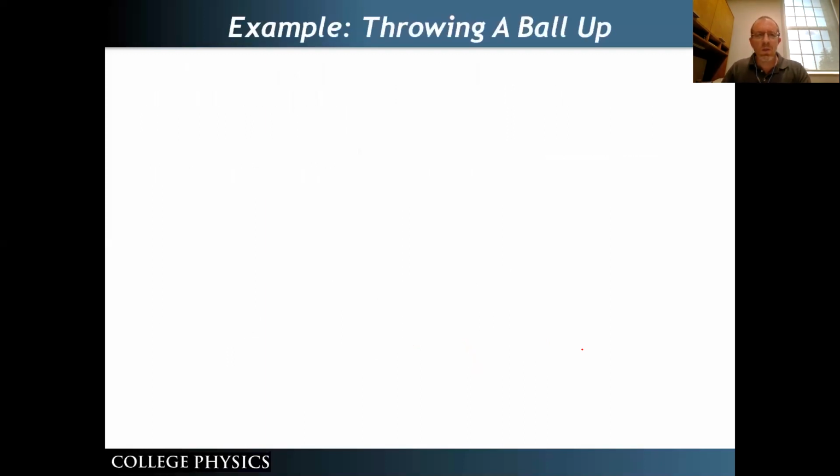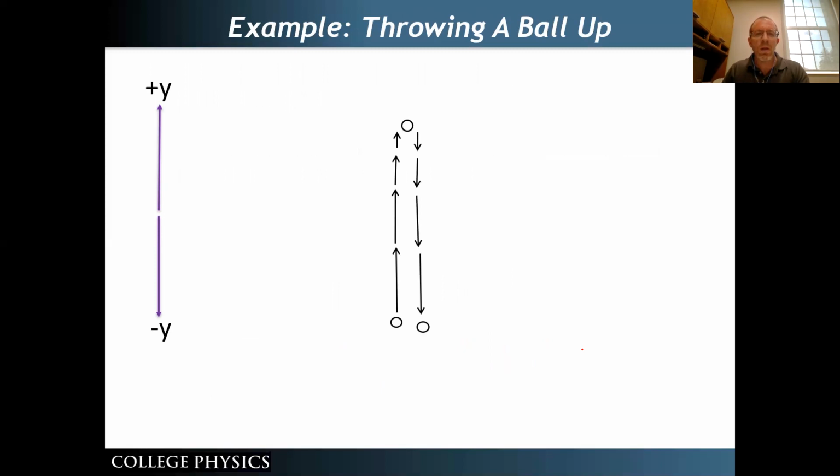All right. So let's take a look at maybe an example here. We've got the upwards direction is positive, the downwards direction is negative. We can picture a ball being thrown up in the air, hitting a turnaround point, and then coming back. Or a ball being thrown up in the air, slows down, gets up to its peak, and then falls back down. What's happening there during its flight?